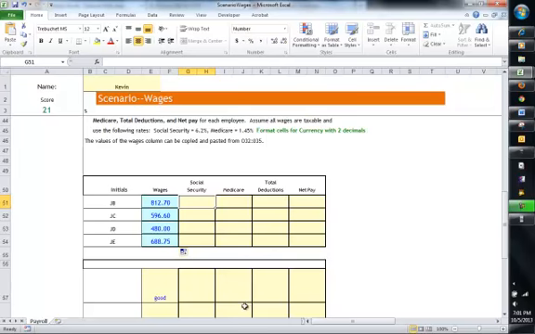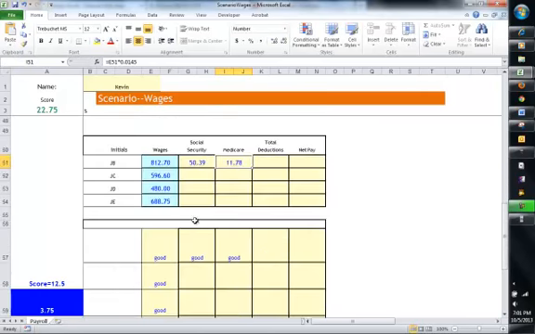Social Security is the wages times 0.062. Medicare is the wages times 0.0145, excuse me, not percent.